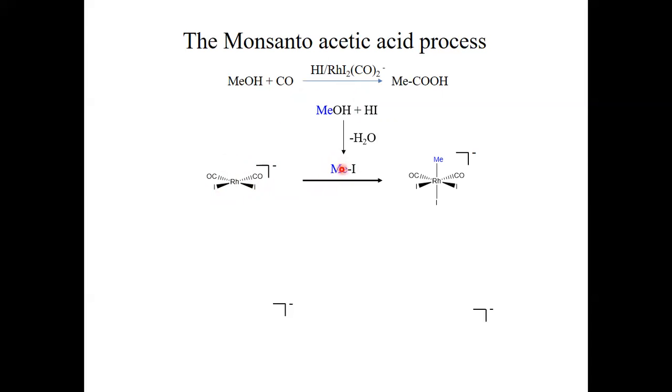But now this methyl iodide can do a reaction which could be identified as oxidative addition, to form this compound here. In this case, a trans addition with the methyl group and the iodo group on opposite sides, although we could not really distinguish because we already have iodo groups here. So it may be cis or trans addition.